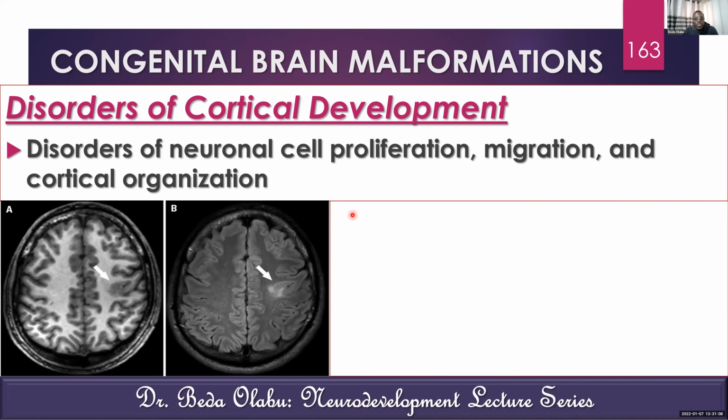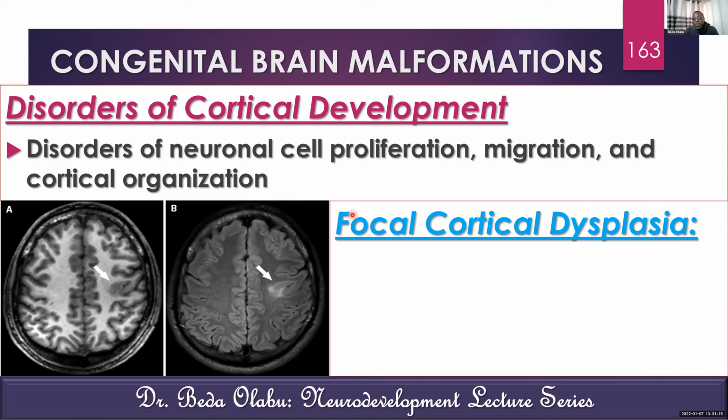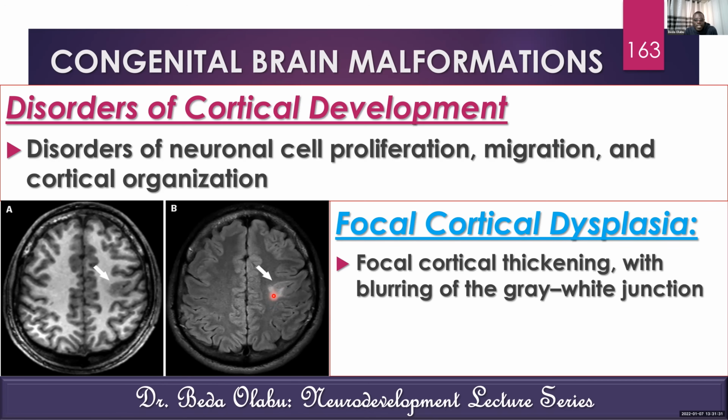Another disorder of cortical development that I want to talk about is what we call focal cortical dysplasia. Now, this occurs as a result of abnormal development of a particular focal region of the cortex, so that the neurons at that particular site are abnormally organized.